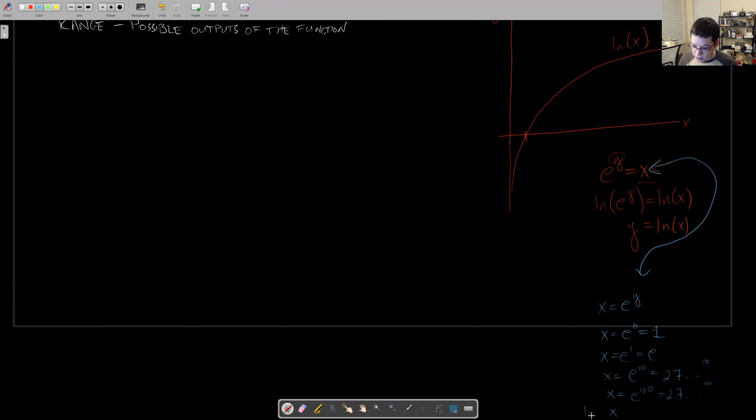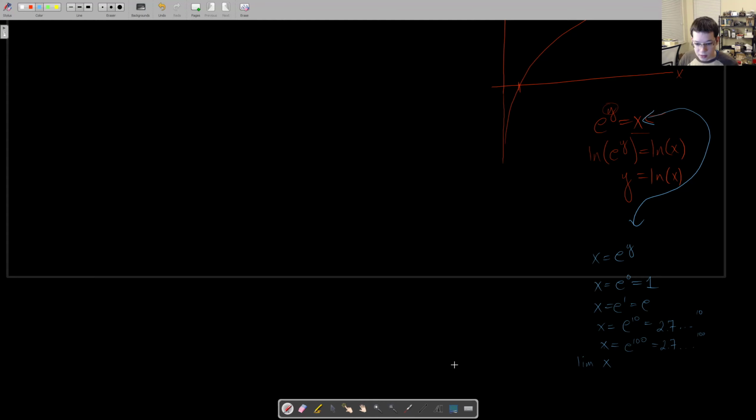So the limit as y goes to infinity of e to the y equals infinity.